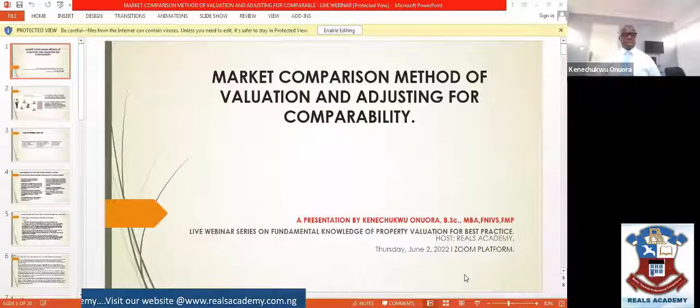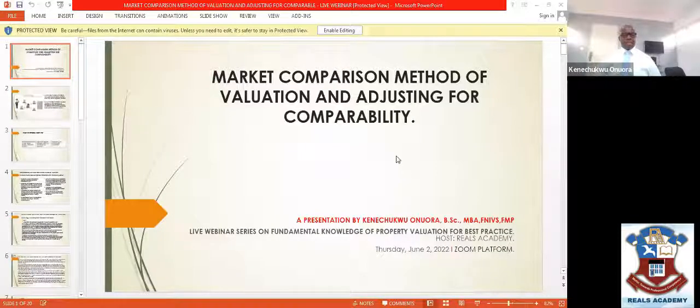In the course of this course, we will be describing the comparable market comparison method of valuation. We'll be able to know when to choose the market comparison method of valuation. We'll be looking at factors and elements that we need to adjust during the adjustment.